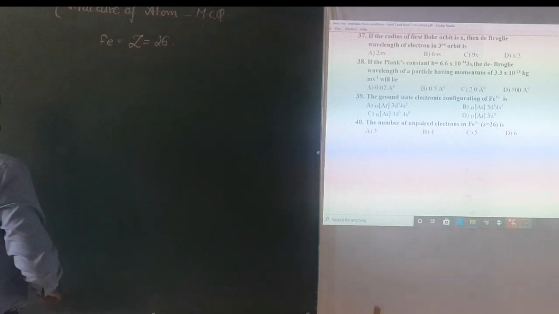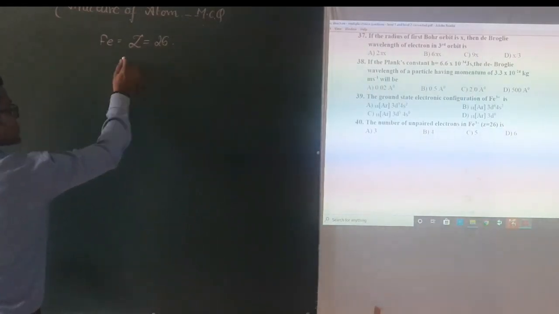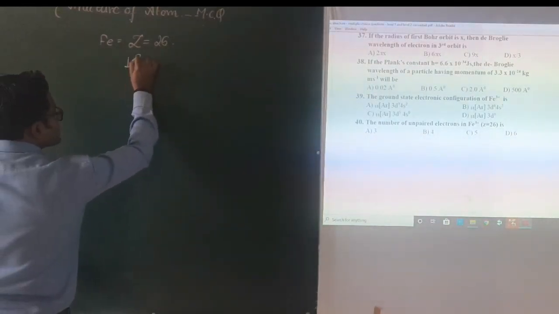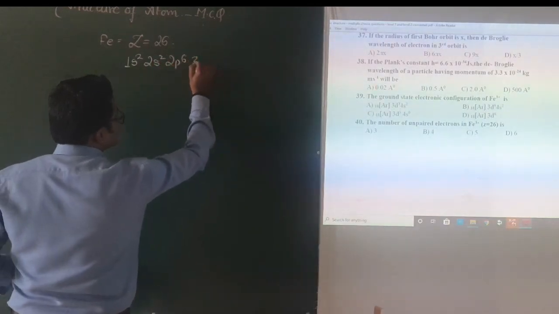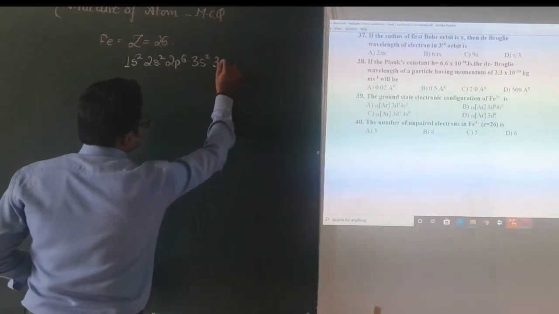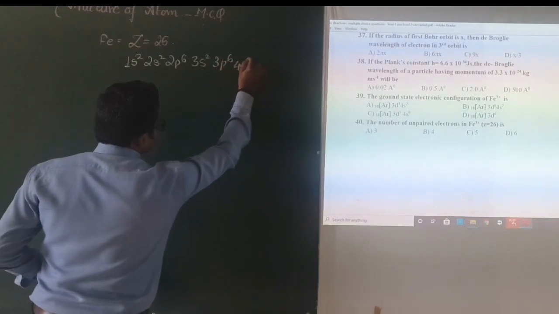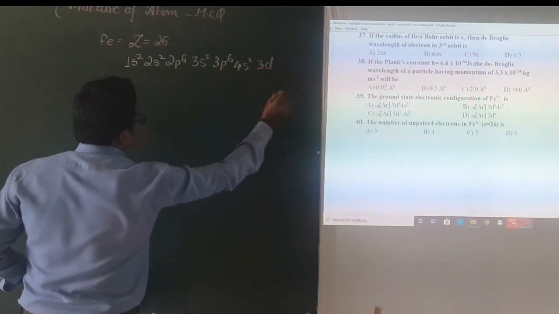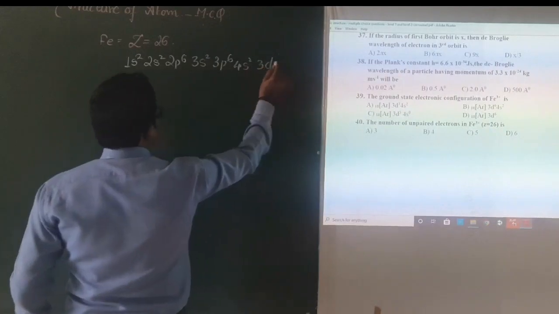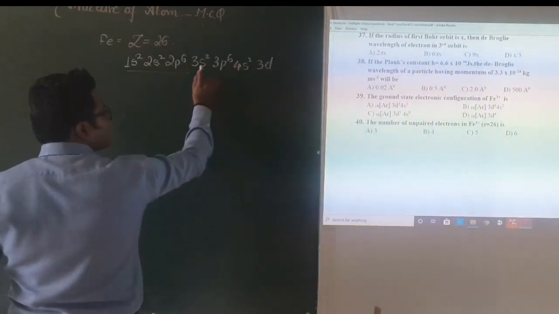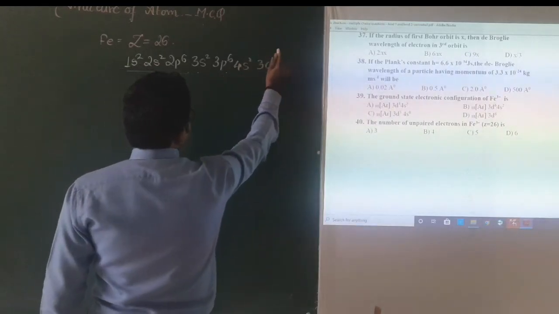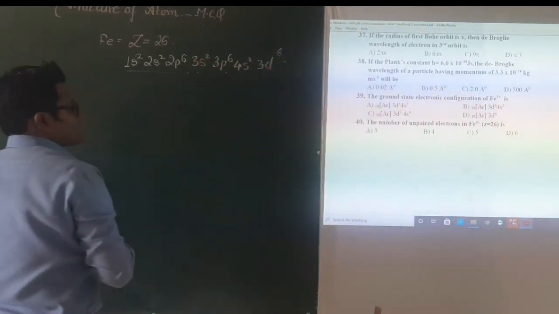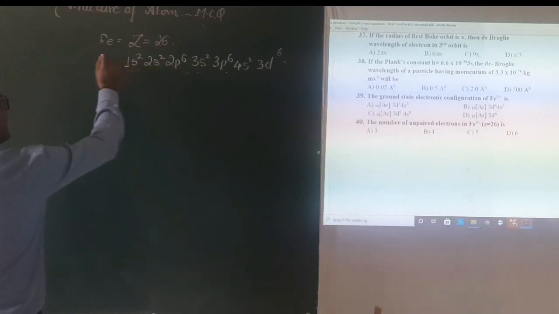So, taking the electronic configuration into consideration: 1s2, 2s2, 2p6, 3s2, 3p6, 4s2, 3d, let's check, 10, 11, 12, 18, 19, 20, this is 6.